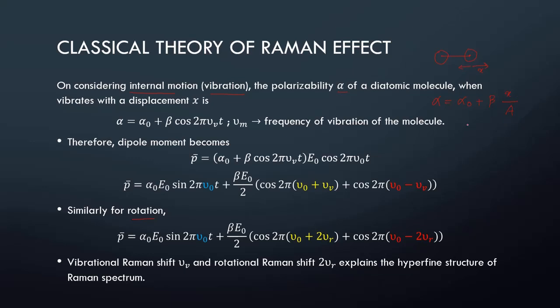We know that for a simple harmonic oscillator, x is equal to a cos 2 pi nu v t, where nu v is the vibrational frequency.